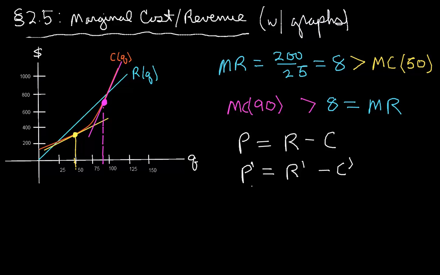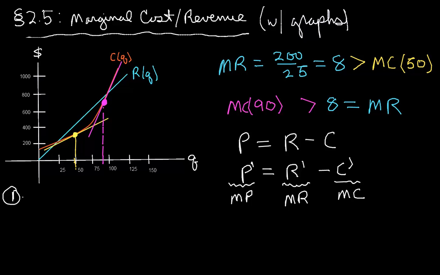But what is that? P prime is just the marginal profit, and R prime is just the marginal revenue, and C prime is just the marginal cost. So depending on when marginal cost or marginal revenue is bigger or smaller, corresponds to whether the marginal profit is positive or negative.